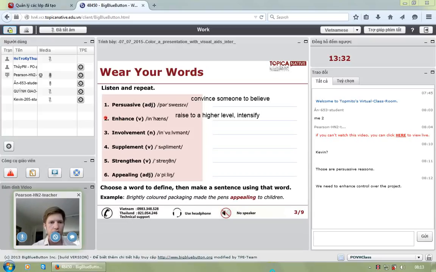An, how about involvement? What's the definition of involvement? Yes, involvement means the fact or condition of being involved with or participating in something. Yeah, I think participating is the best word to describe involvement. But again, you can use the word involvement.